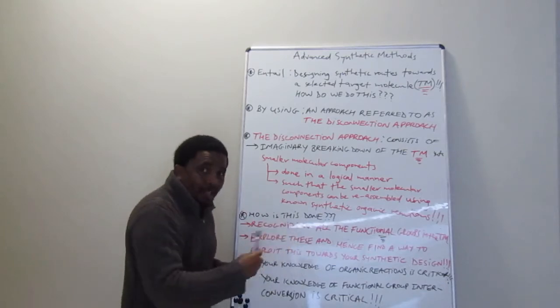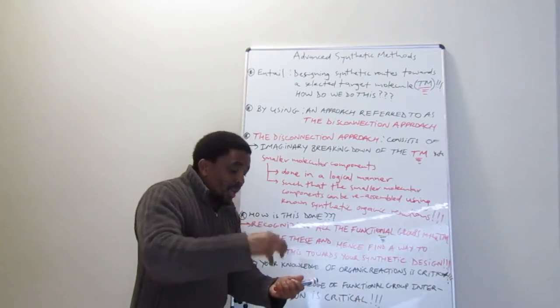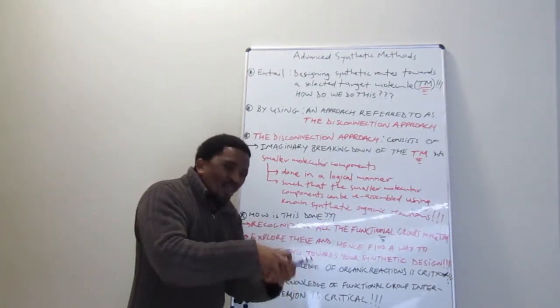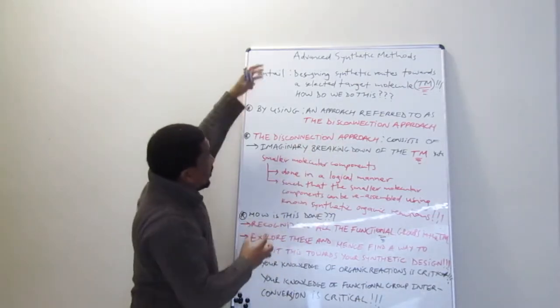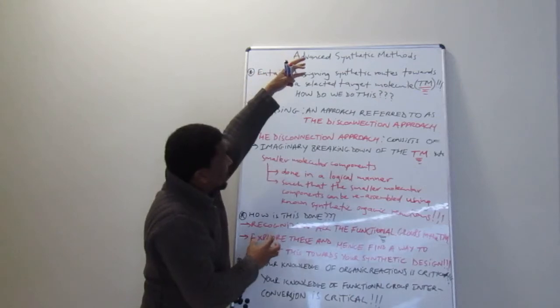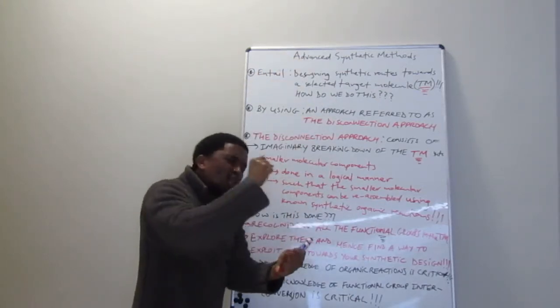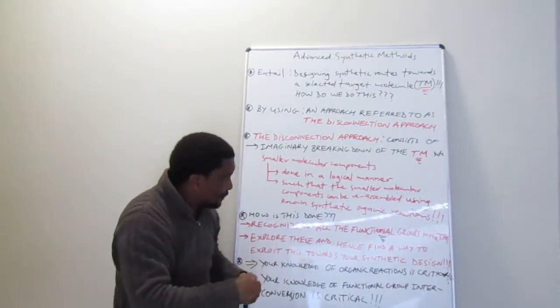for you to be able to carry out this strategy. In this strategy, you're going to need to know your functional groups. This type of advanced synthetic methods relies on your knowledge of functional groups. Are you with me? That's very, very important.